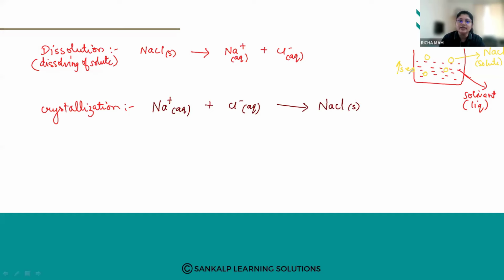Whatever Na plus and Cl minus ions are there in this solution will collide with each other and recombine to give you NaCl, which is again solid. So this is called crystallization.